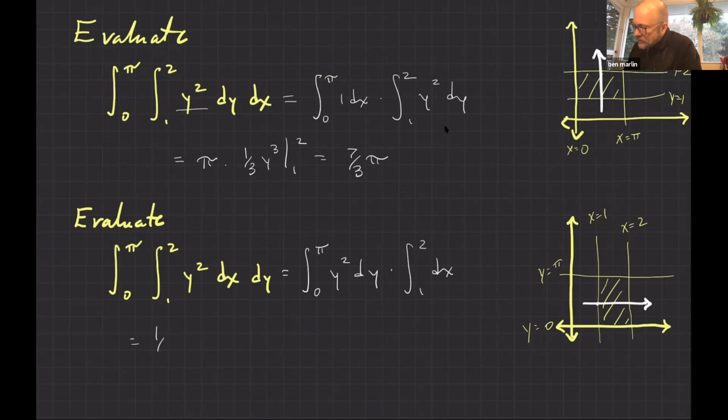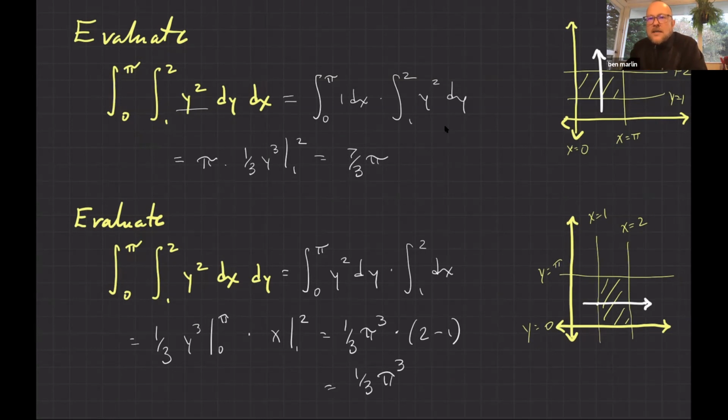So now this time we'll have 1/3 y cubed going 0 to pi, and then we'll have x going from 1 to 2, and so you end up with 1/3 pi cubed, times the 2 minus 1. So we end up with 1/3 pi cubed. I don't know exactly what pi cubed is. It's going to be something like 27, 30, something in that range. But 1/3 of it will be like around 10.